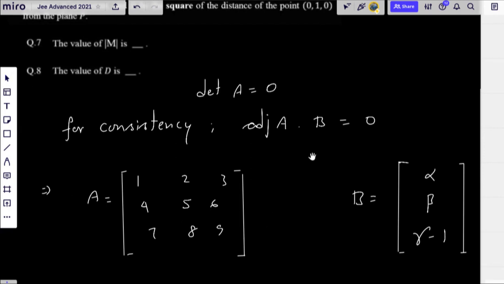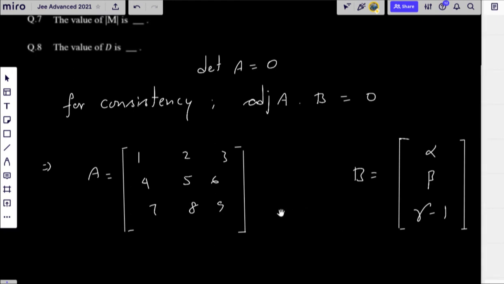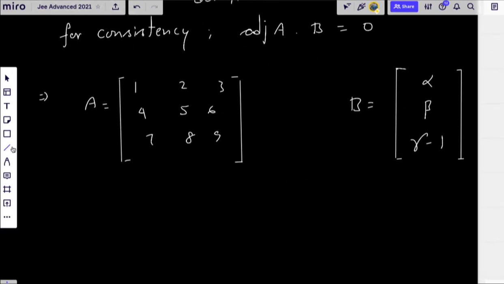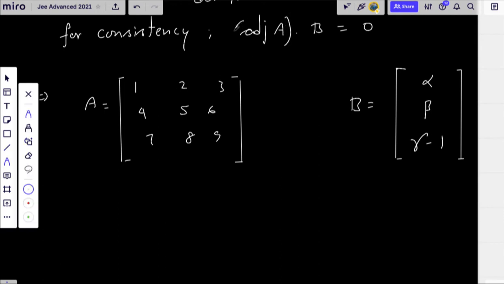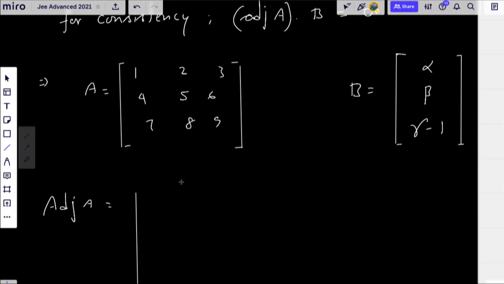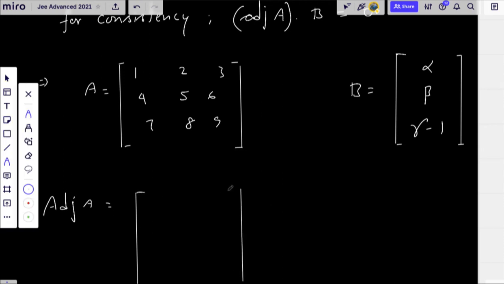Now we have to find adjoint of A into B, so we have to multiply adjoint of A with B. First find adjoint of A. How to find adjoint of A? We have to use this matrix as a cofactor. Here this is adjoint of A. For this one, what will the value of 1 be?